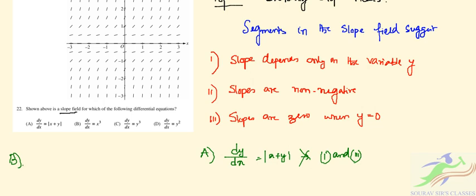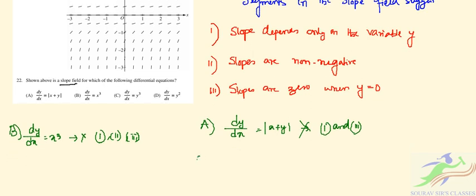Checking option B, dy/dx is equal to x cubed. This does not satisfy any of the conditions 1, 2 or 3. Next, option C, dy/dx is equal to y cubed. This does not satisfy condition 2 when y is less than 0, so this will not satisfy the condition.